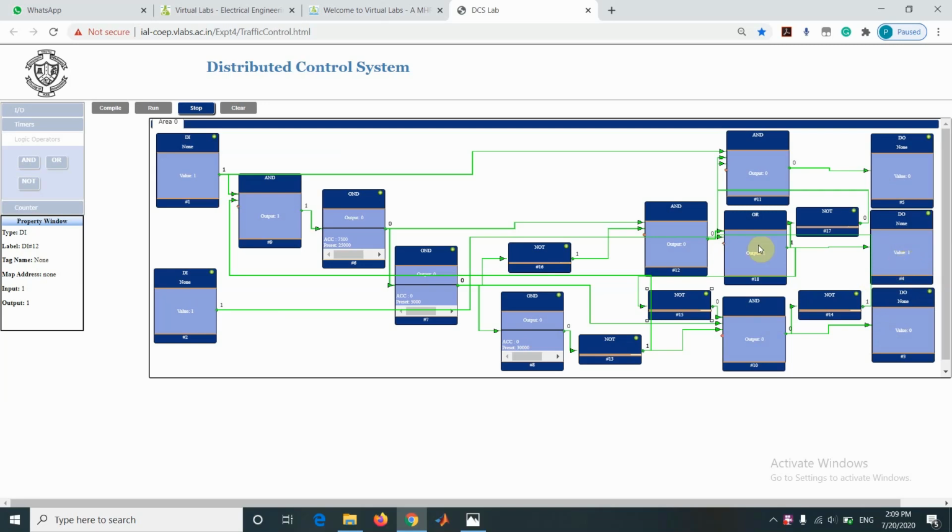Irrespective of the status of the internal system, only yellow light is turned on until the VIP signal remains on. So when the VIP has now crossed the scene, then by toggling again this input block, we can see the whole system now restarts.